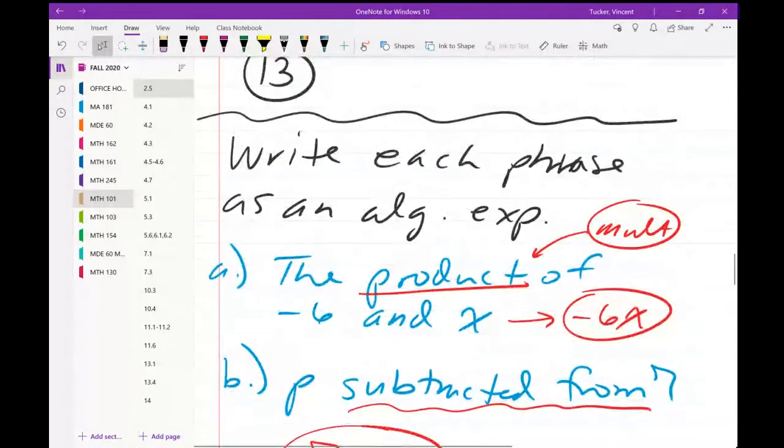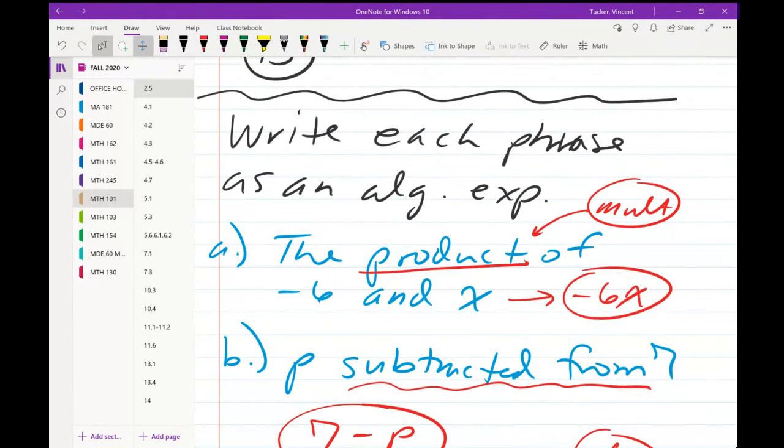Okay. So we want to write each phrase as an algebraic expression. So that first one, the product of negative 6 and x. So in the red, you see that we have keywords or key phrases that are going to let us know what operation to use.